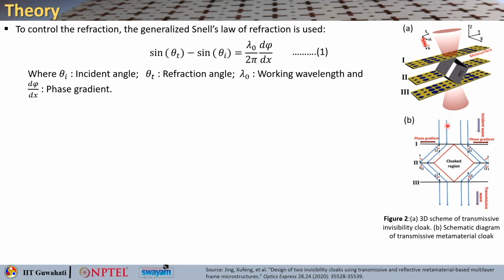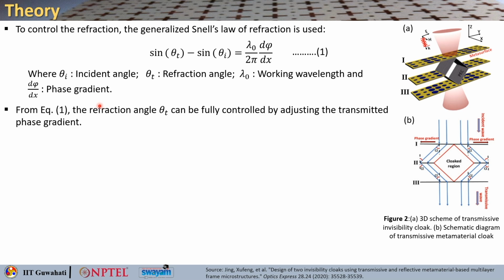Here you can see that it's normal incidence, so theta i is 0, theta t is alpha, and lambda naught is the working wavelength, and you can see there is an important term here, that is dφ by dx, the phase gradient. x is this particular axis.